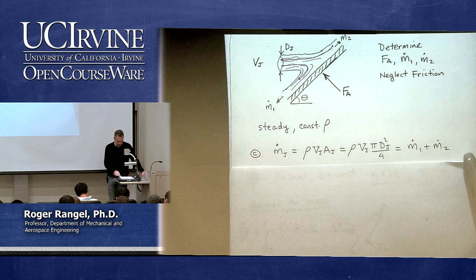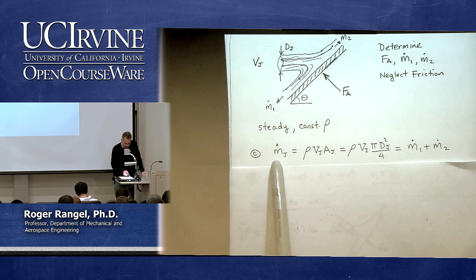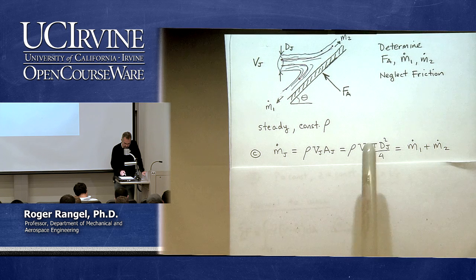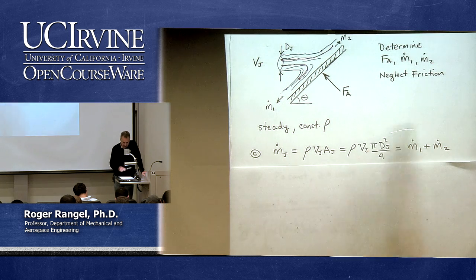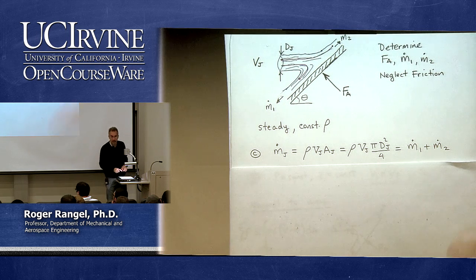So m dot 1 plus m dot 2. And of course, the mass flow coming with the jet is just density times velocity of the jet times the area of the jet. Yeah? That part is easy.